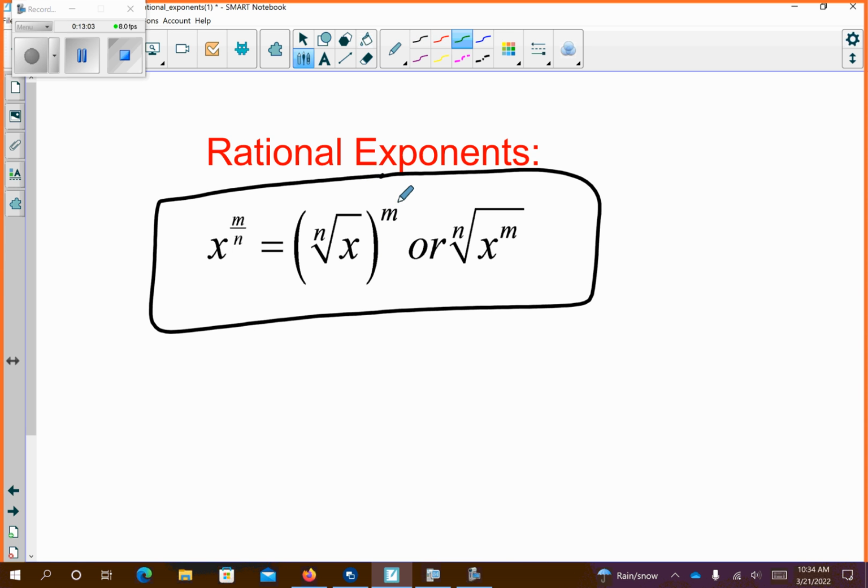Notice this is outside and this is inside. What's the right way to do it? Well, it depends. If you wanted to do the root of the number first and then raise the exponent, use this one. If you wanted to raise this number to the exponent and then take the root, that's the way to go about it. They mean the same thing.